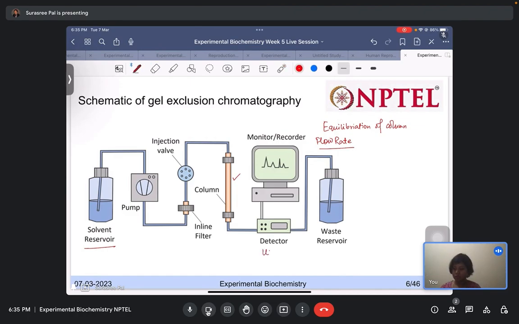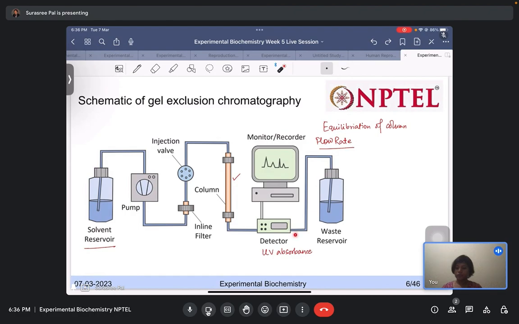It detects UV absorbance, by which we can monitor how much protein is being eluted at what time, right? And this detector will send the signal to a monitor or recorder where we will be able to observe the chromatogram. So there we will actually get the chromatogram.